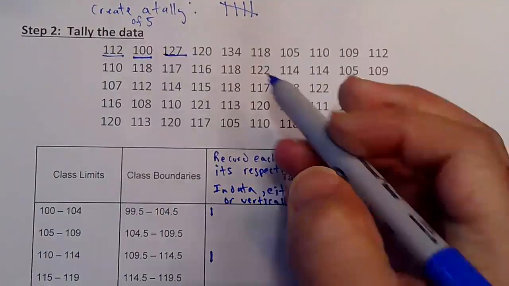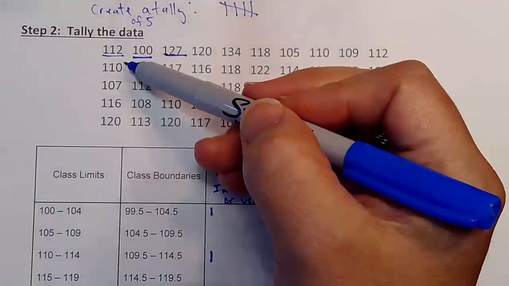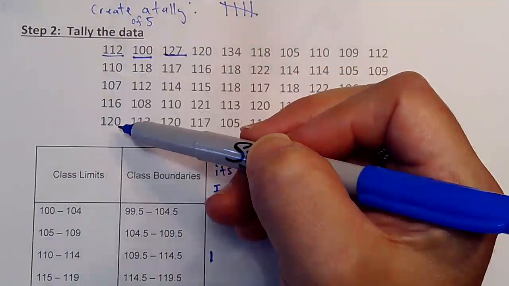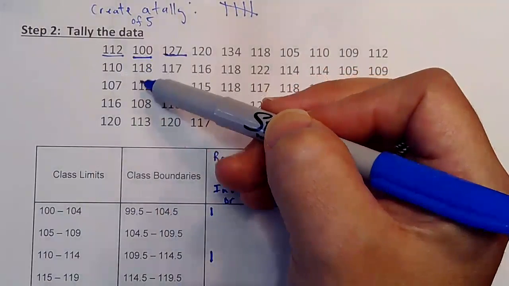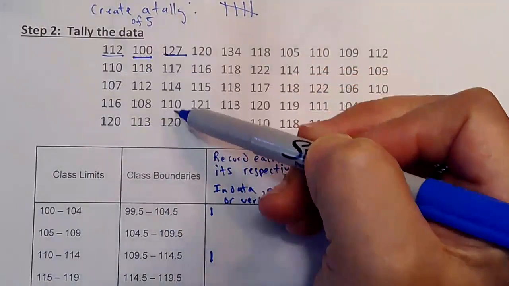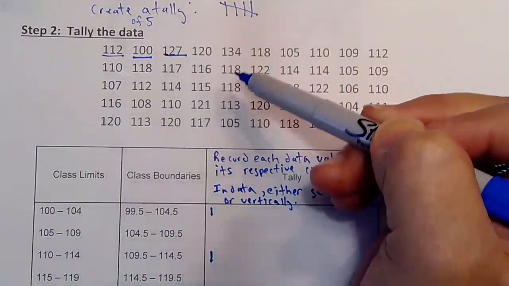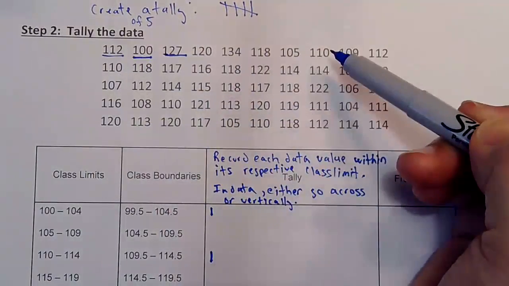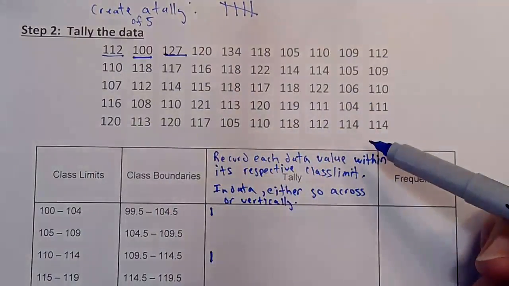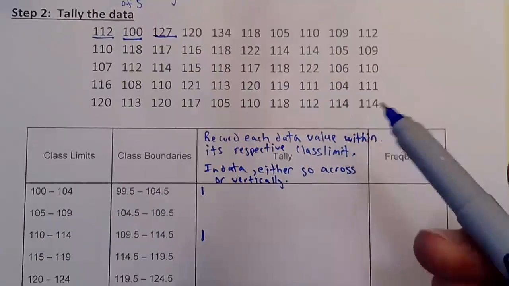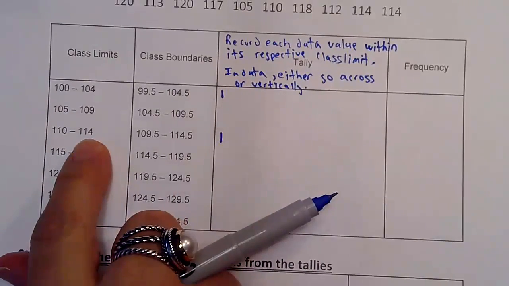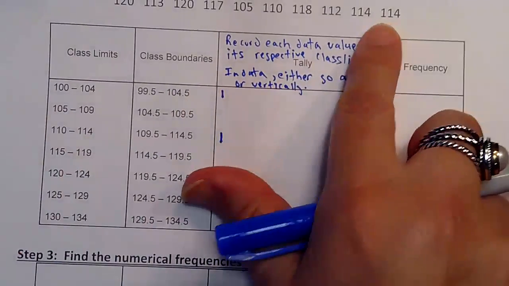If you wanted to start this way, 112, then 110, then 107, 116, 120, and then come back up here and continue all the way until you're done with your data. You could do that. All the way till you get to 114, and 114 would fall under right here.